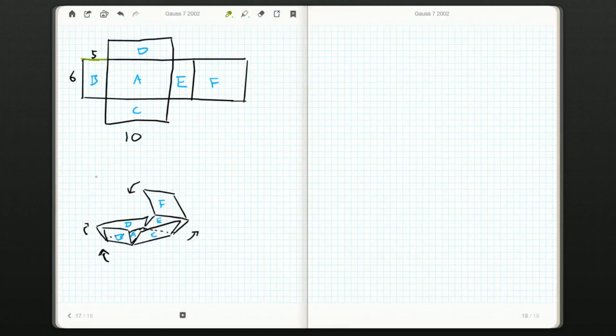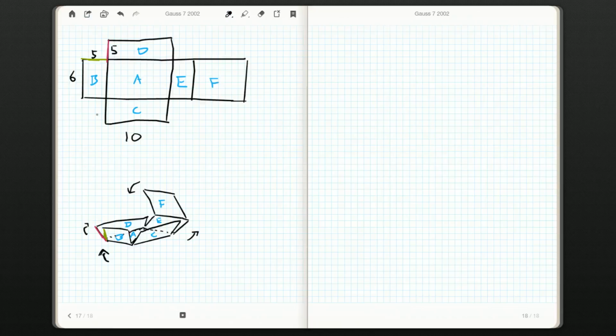This green length right here has got to match up with this red length on D. Okay. They have to match. Otherwise, we would get some weird lopsided figure, and it all wouldn't glue together right. So that tells us that this length on D is going to be 5.